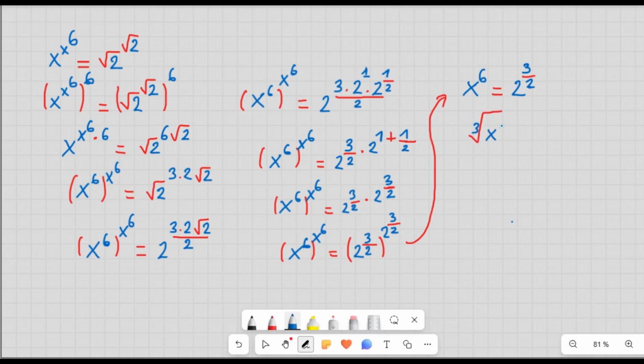We take the cube root of both sides to reduce the exponents. We get that x squared is equal to 2 to the 1/2. We apply the square root to remove the final square.